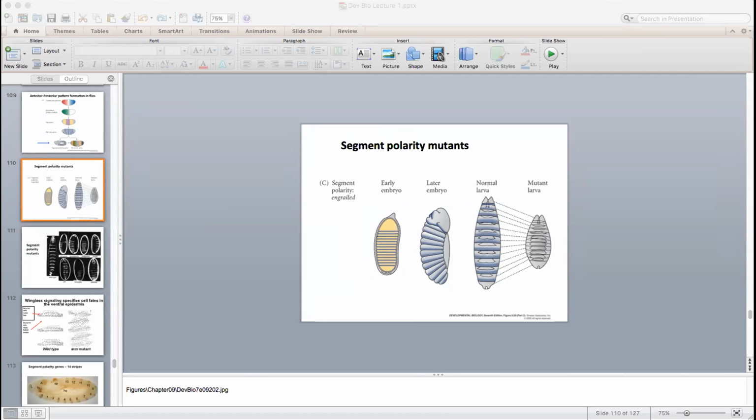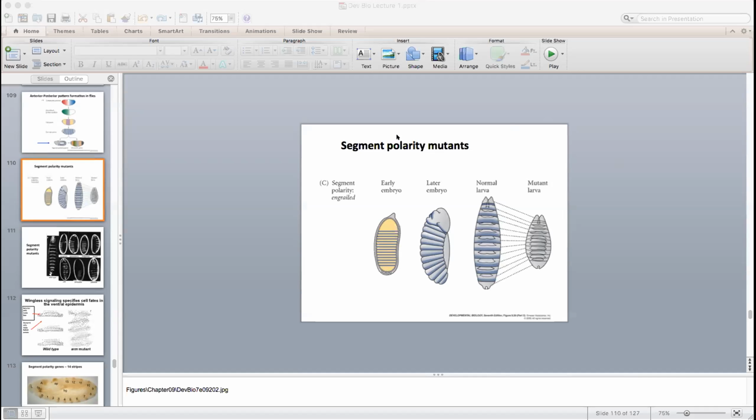This whole process of segmentation is about that. And bicoid and nanos, the gradients that set up, are two starting points that will result in the achievement of these two points.